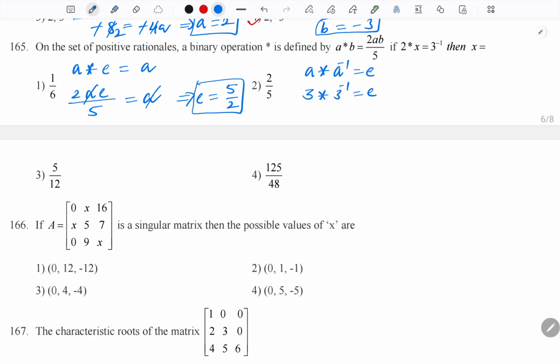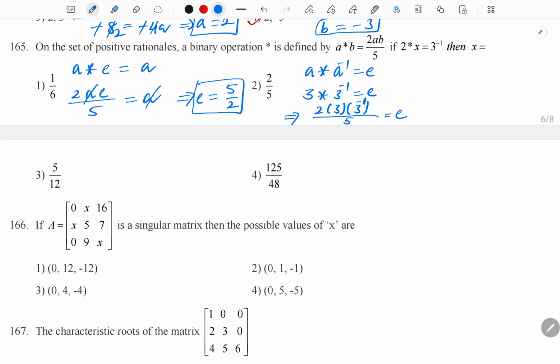If I apply the operation here, then what will come as the answer? 2 times 3 times 3 inverse by 5 equal to e. Now what is our target to find here? 3 inverse is the target to find.